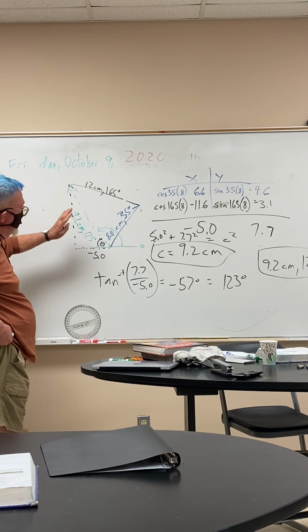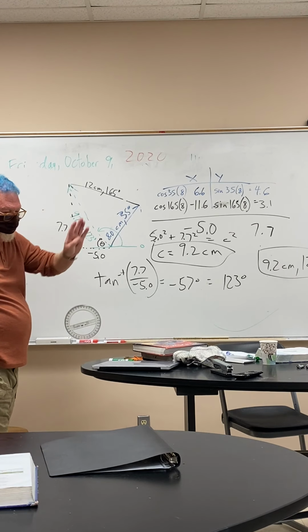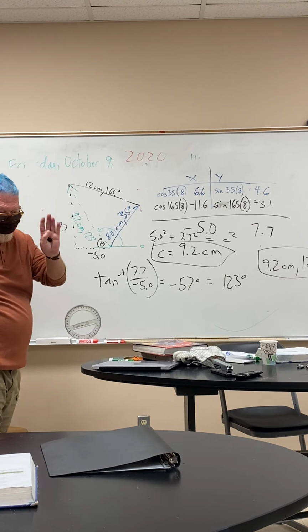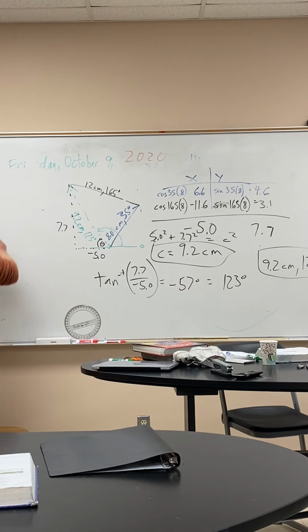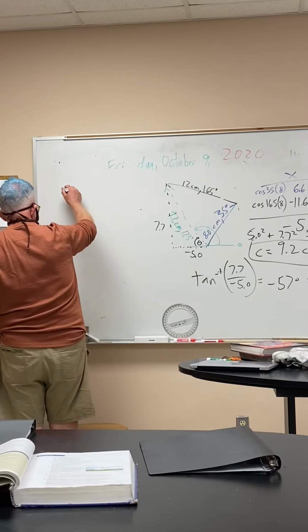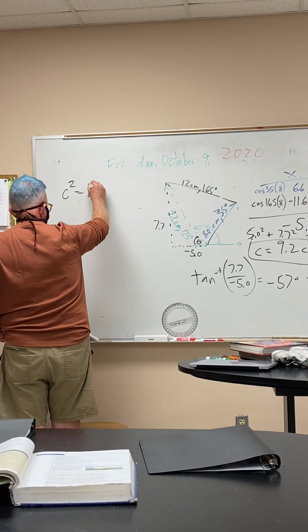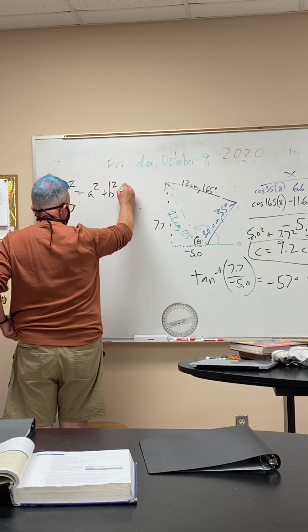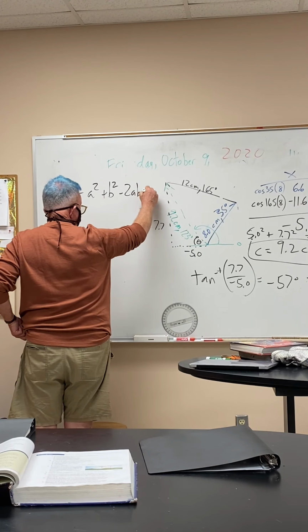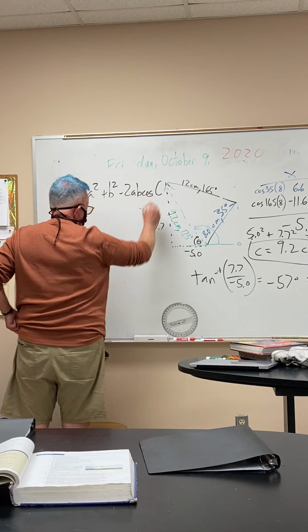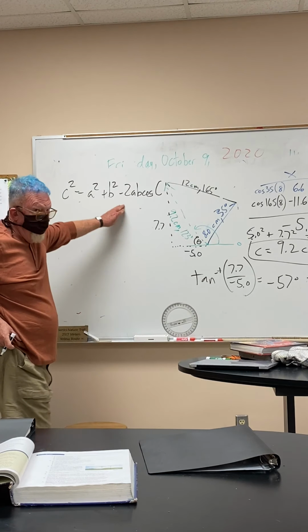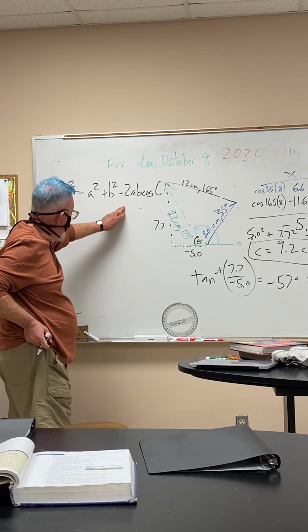Now we're going to find it using the law of cosines and the law of sines. The law of cosines is this. The cool thing is it works for a triangle that's not a right triangle.